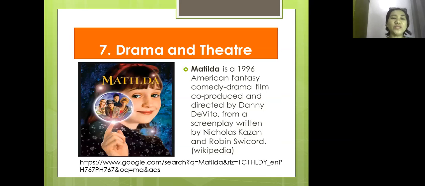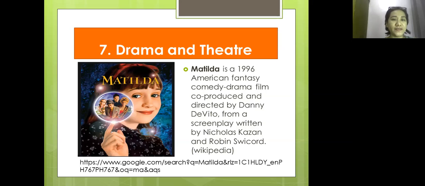So the seventh one is drama and theater. Here we have Matilda. I have here a Matilda. It's a musical, and it is a comedy drama film produced by Danny DeVito in 1996. Screenplay written by Nicholas Kazan and Robin Swicord.